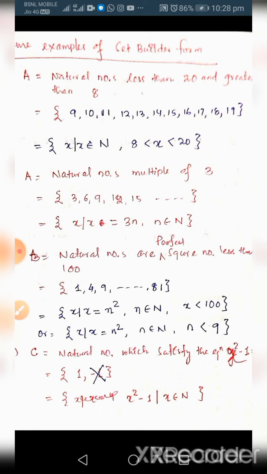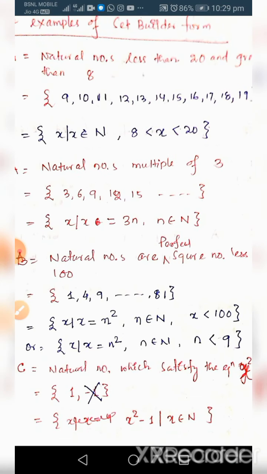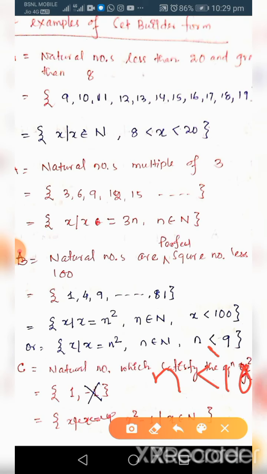After 3, that is 4 square, which is 16. 5 square is 25. Here is a mistake: you can write n less than 9, or n less than or equal to 9, or you can write n is less than 10.